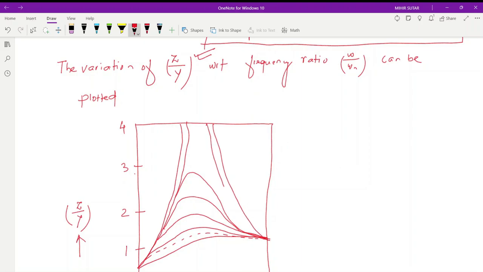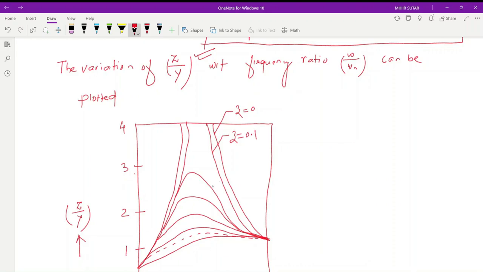So these are the plots for different values of zeta. And this first one is zeta 0, the second one for zeta equal to 0.1.